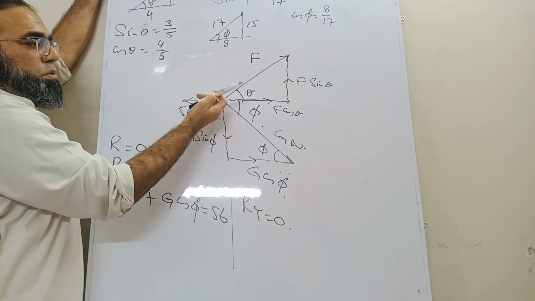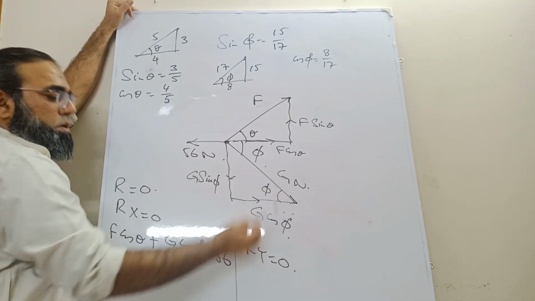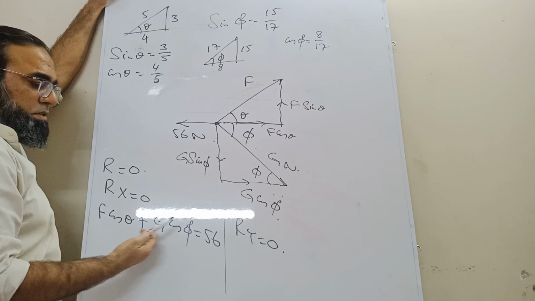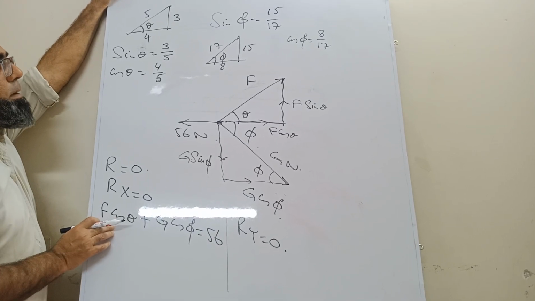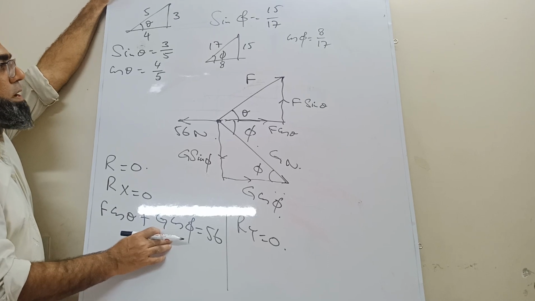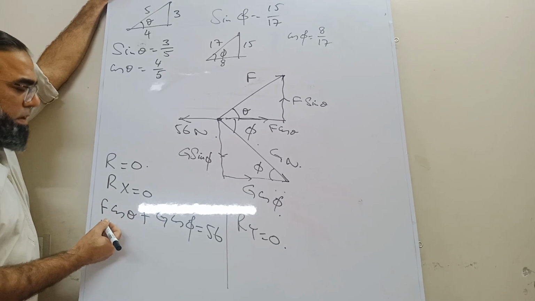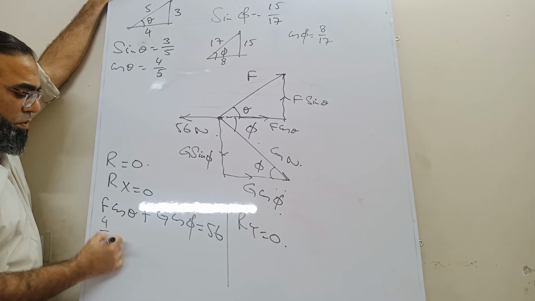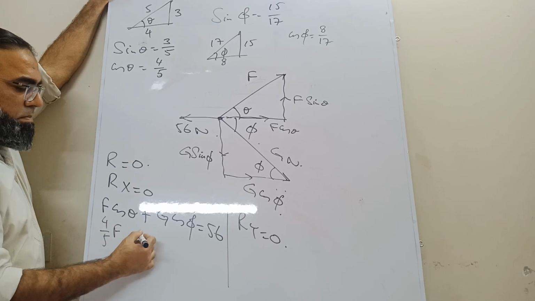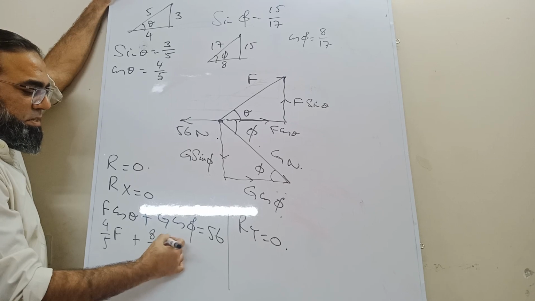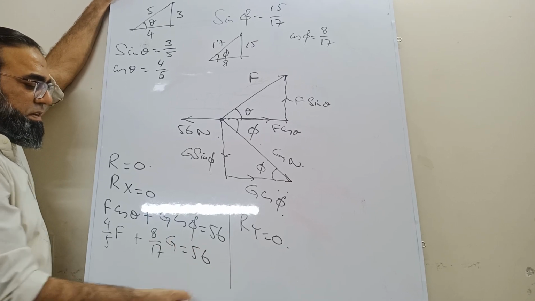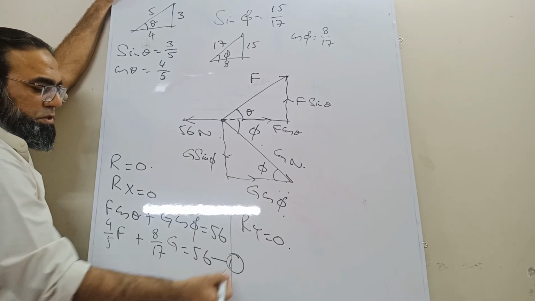This is not going to go anywhere. This is an equilibrium. So F cos theta plus G cos phi is 56. We can use the values of cos theta and cos phi. Cos theta is 4/5, so this is 4/5 F plus 8/17 G, that is equal to 56. That is our first equation.